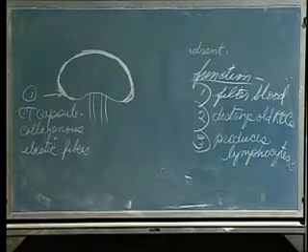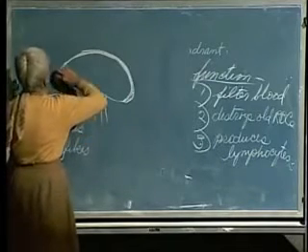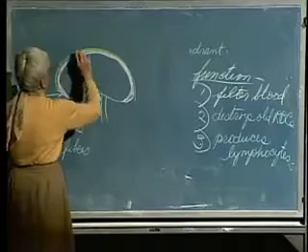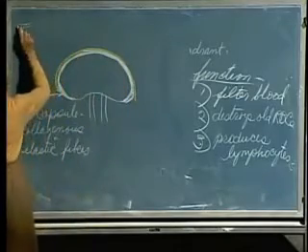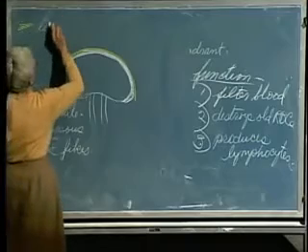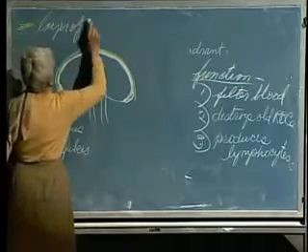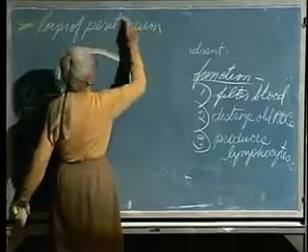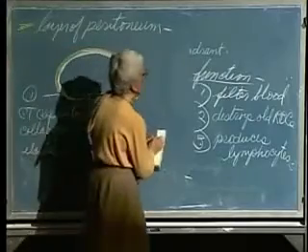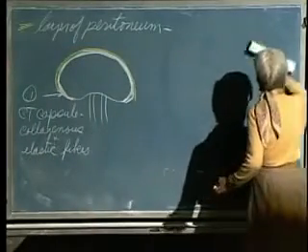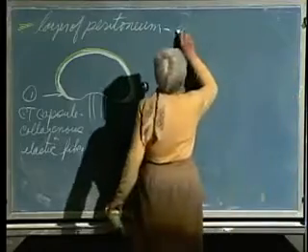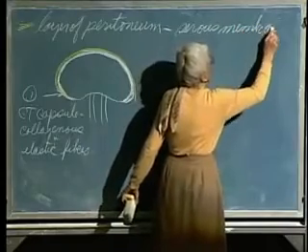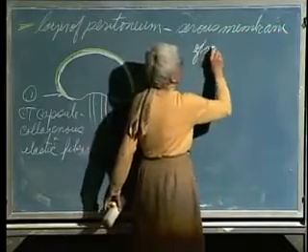It's covered by a layer of peritoneum, which we'll talk about when we get to the abdominal cavity. A layer of peritoneum, which is a serous membrane of mesothelial cells.